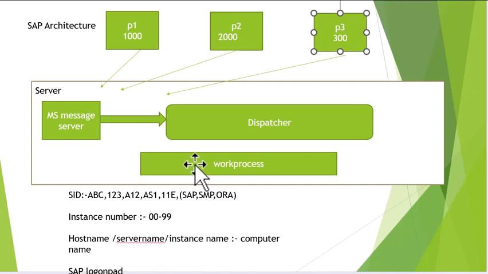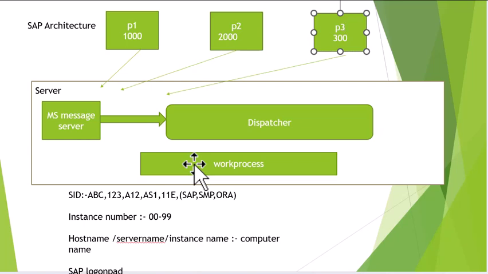It can be three letters, a combination of letters and numbers, or only numbers, with three digits or three characters. We call this a SID, system identification.